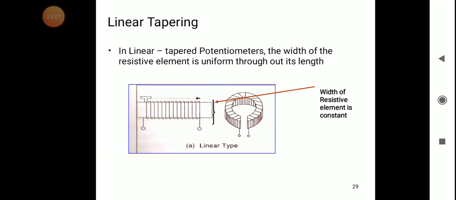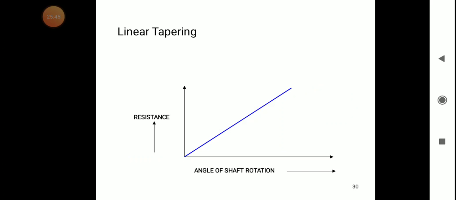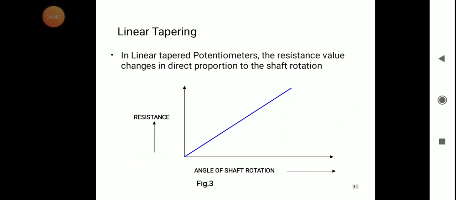What is the meaning? In linear tapered potentiometers, the width of the resistive element is uniform throughout its length. The main concept is that the width of the resistive element is constant, so it is called linear tapering.